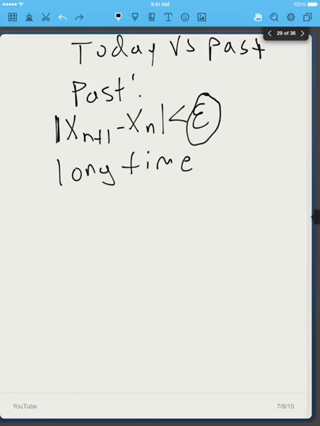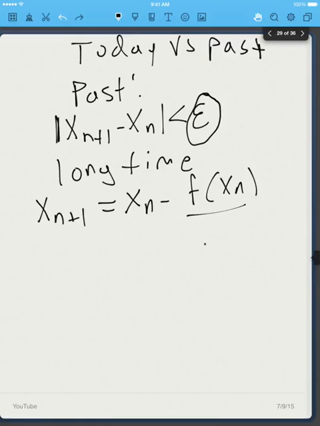Imagine that I had, for example, x_{n+1}, my next guess, equal to x_n minus f of x_n over f prime of x_n. This is just an example for right now.